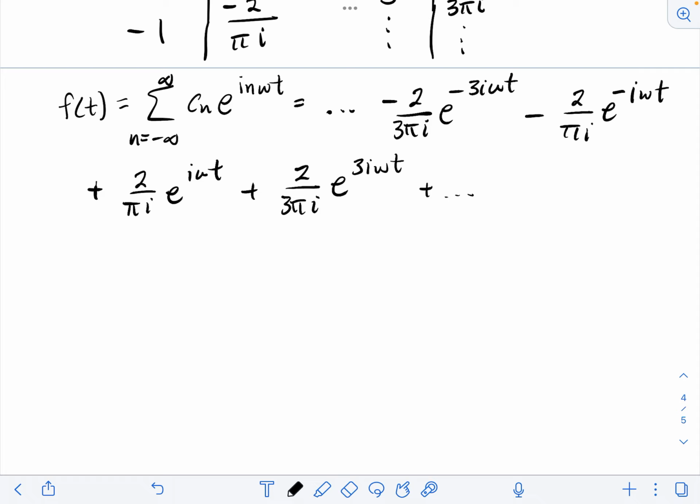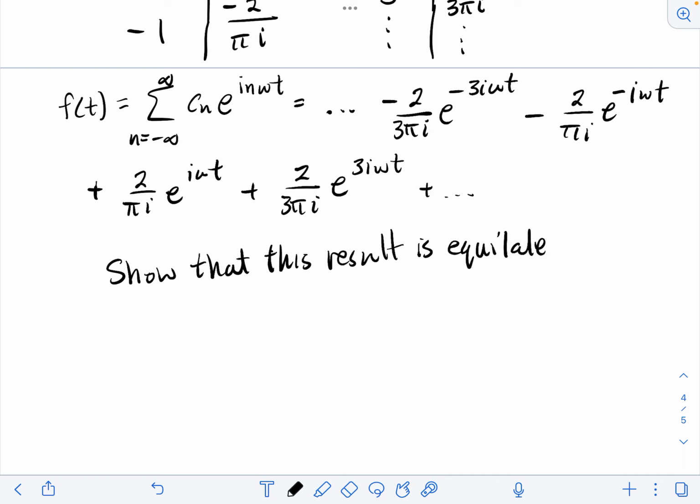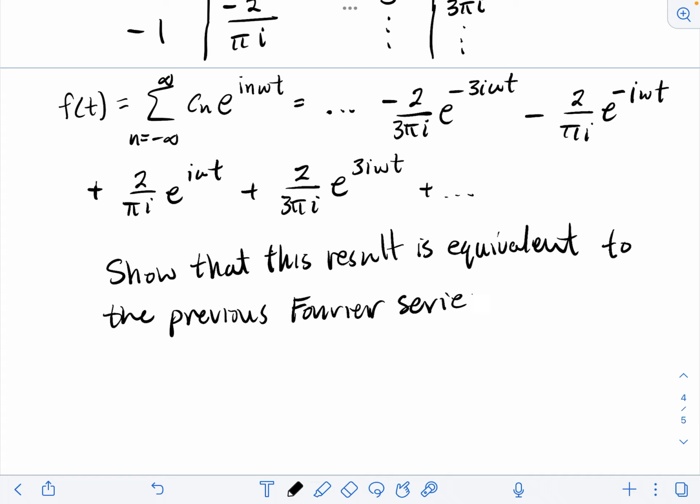Okay, and so to do that, let's just make a note. Let's show that this result is equivalent to the previous Fourier series in terms of sines and cosines.